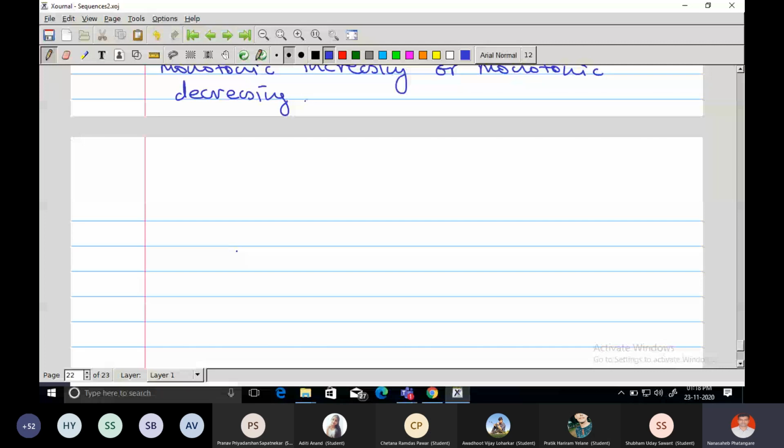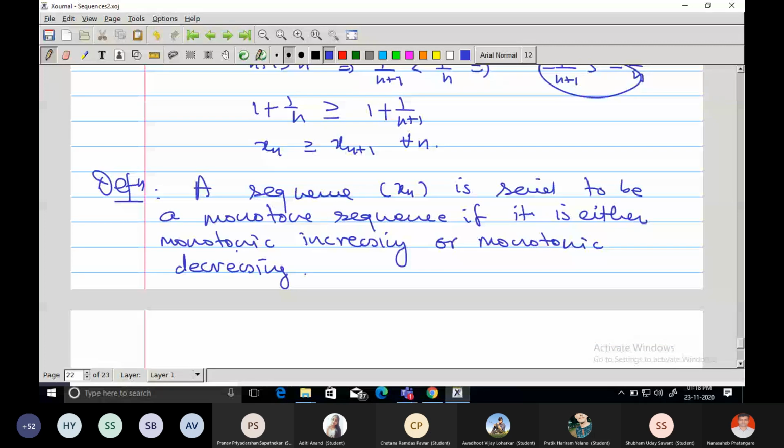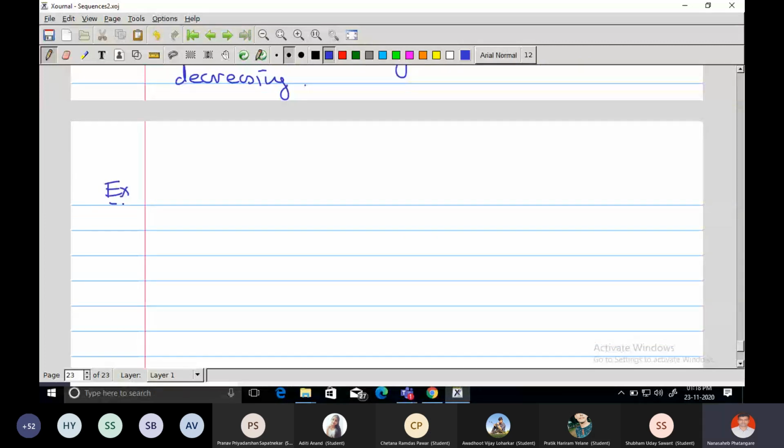Sir, then the constant sequence, is it monotonic increasing or monotonic decreasing? Right, it is both. If xn is the constant sequence C, that means it is C, C, C, every term is constant.